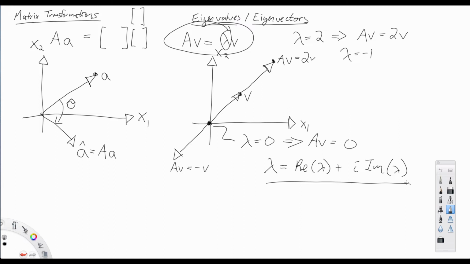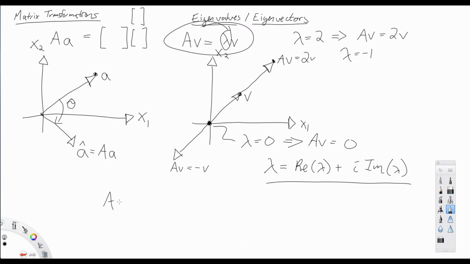And that has to do actually with quadratic forms. We're using quadratic forms as models throughout many parts of this class. And we're going to see that because of the properties of the matrices involved with quadratic forms, we are not going to have this case where we have imaginary values for eigenvalues.